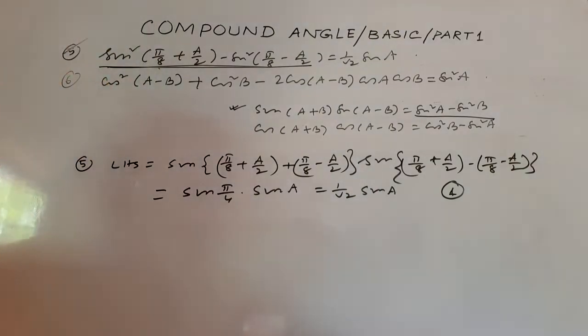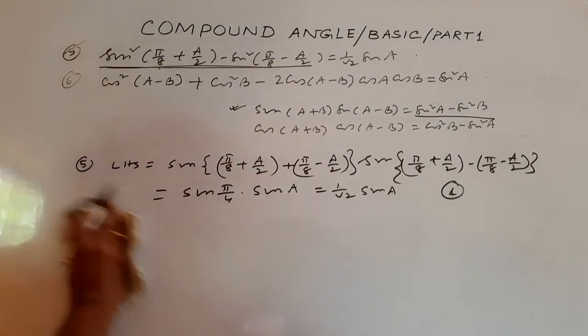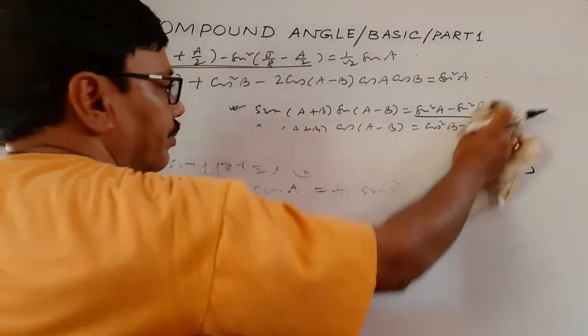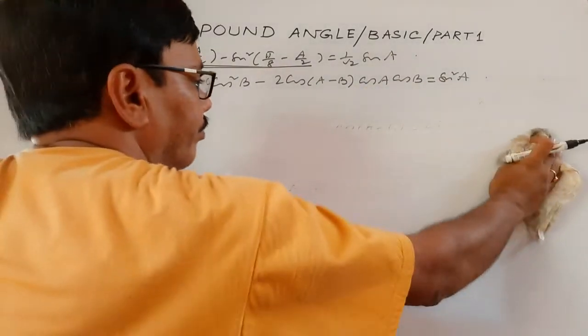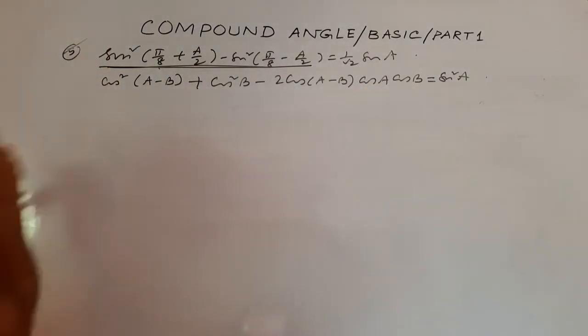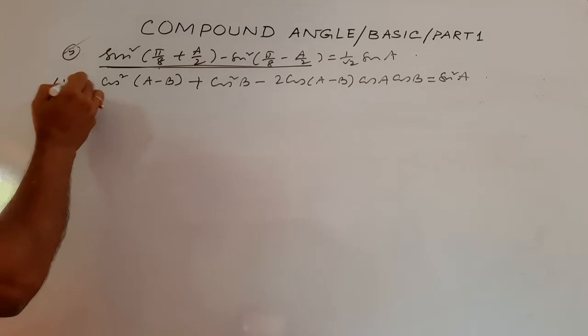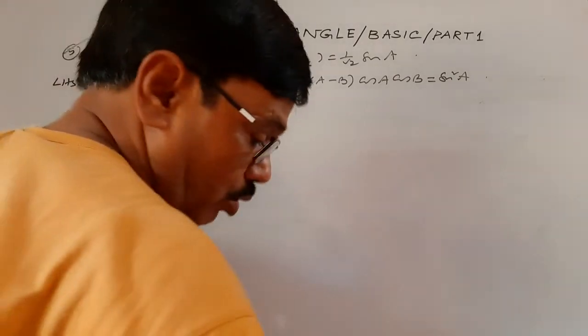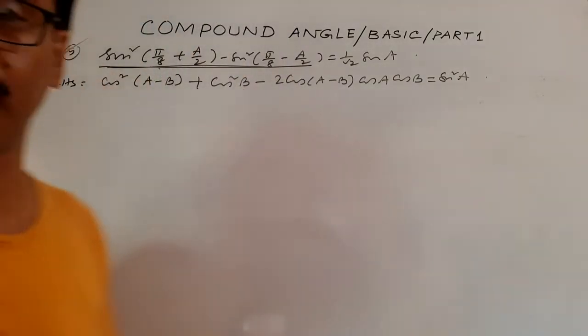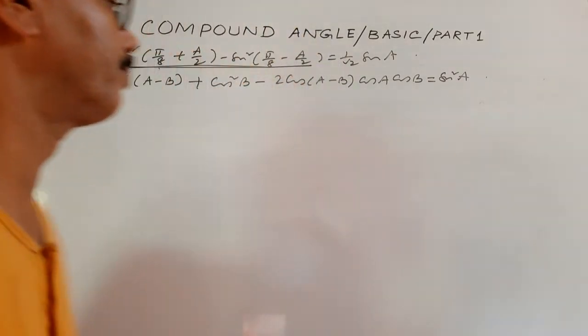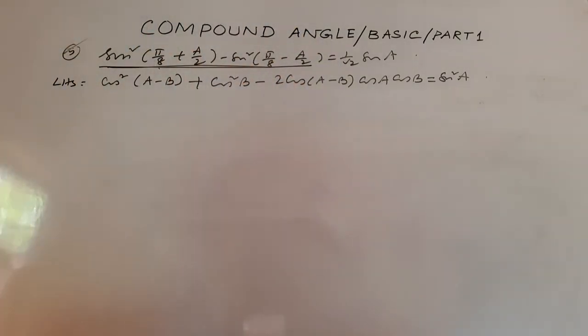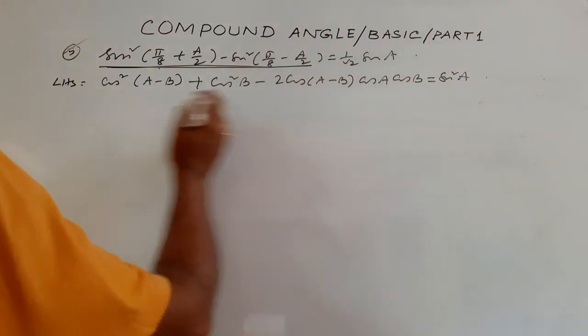Now the second one, you look, second one. So consider LHS. So this is cos square. So if you put the value of cos(A minus B), it is lengthy. So look, this is our LHS.